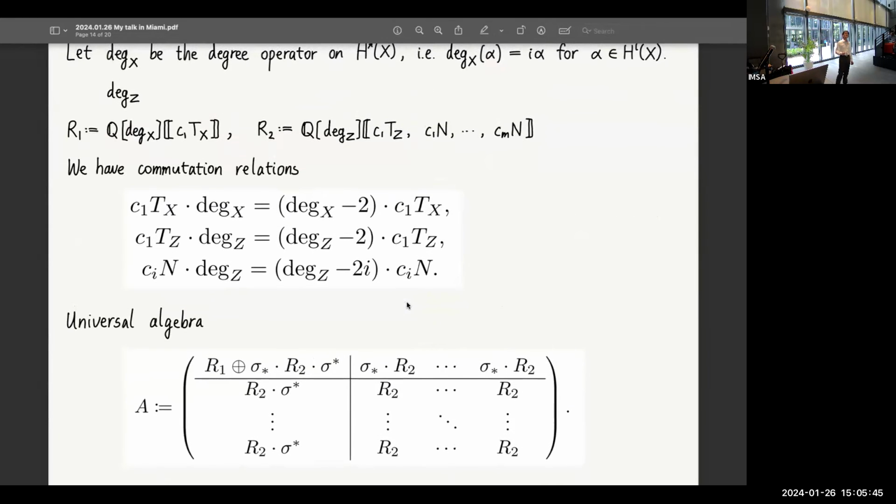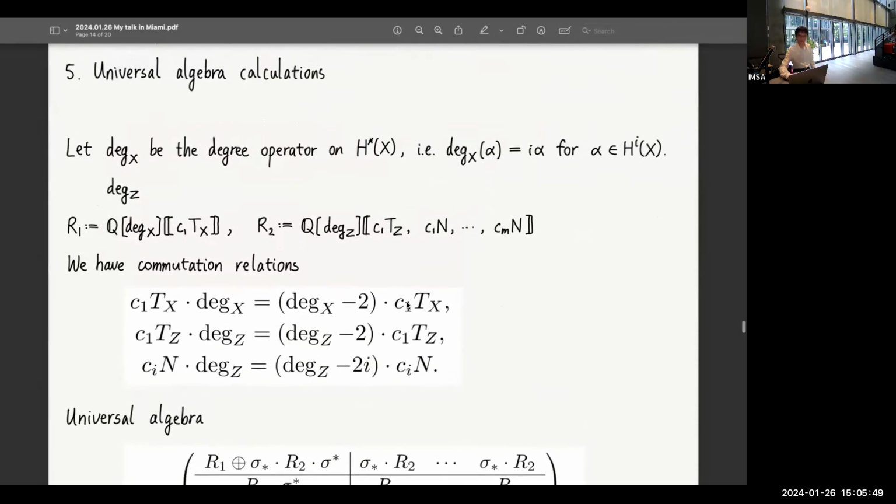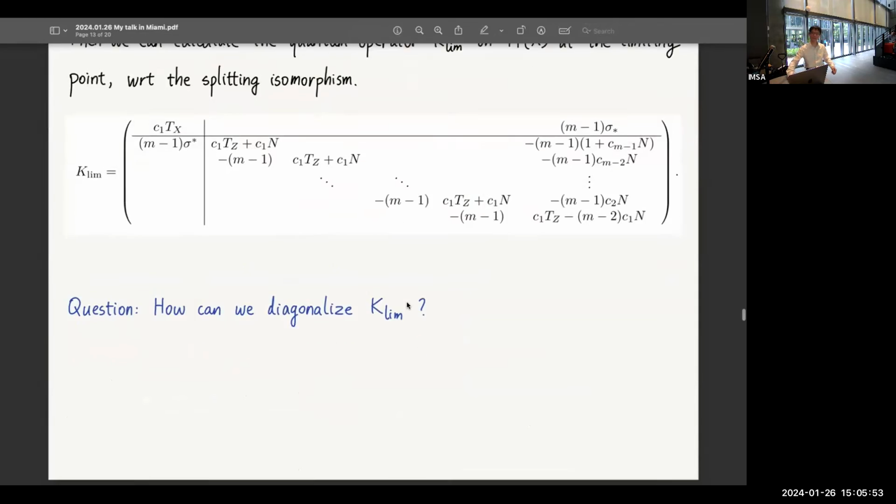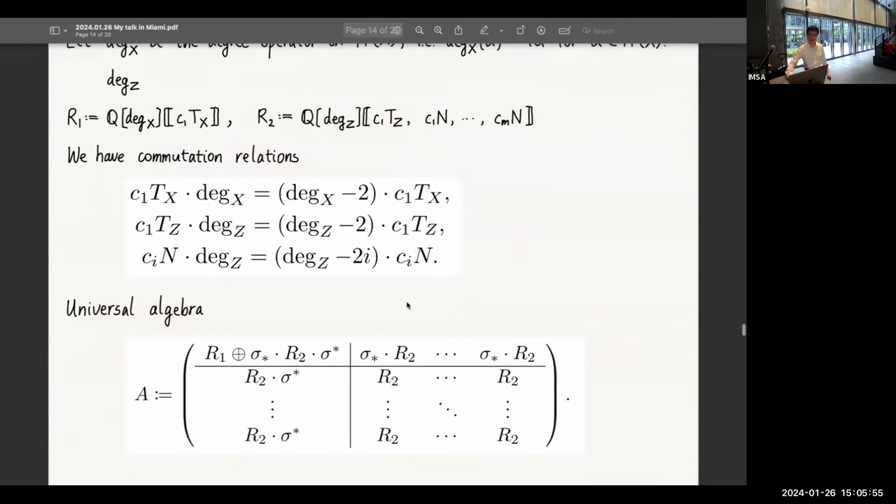And this K-limit we had before is, now that we have set up all these abstract rings, an element of this universal algebra written in this block matrix form.